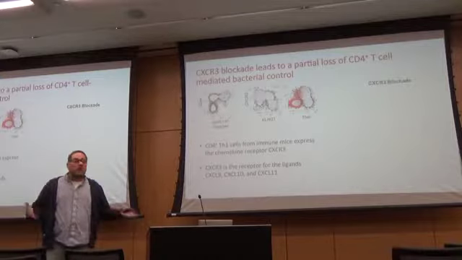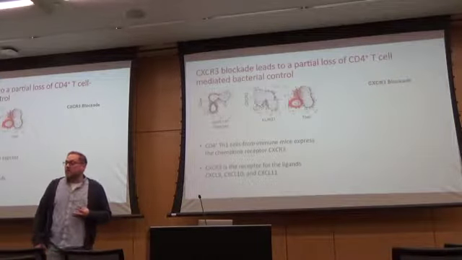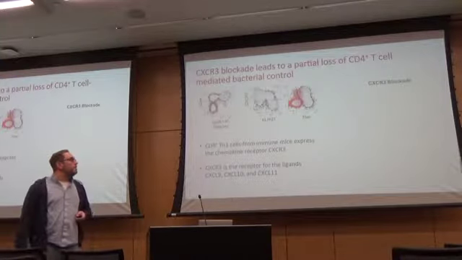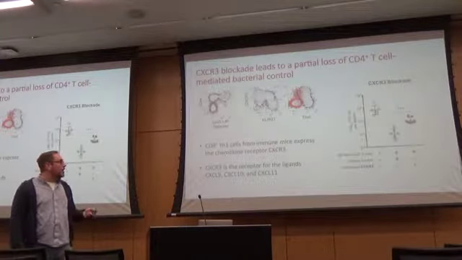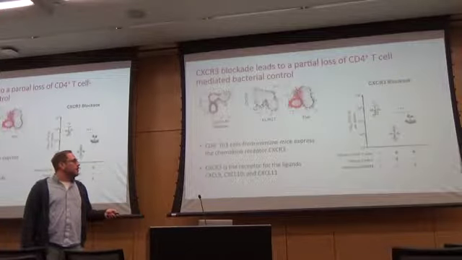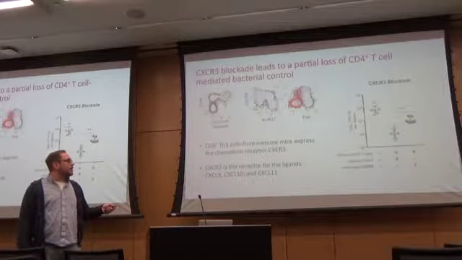Our next experiment was to go ahead and block the ability of these T cells to see their ligand by using a monoclonal antibody. And when we did that, we see here with no T cells, no control antibody, and no blockading antibody, you get a very high bacterial burden.